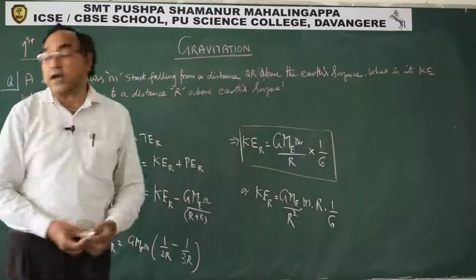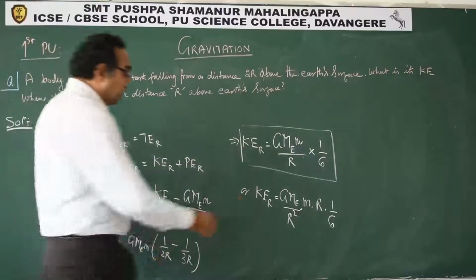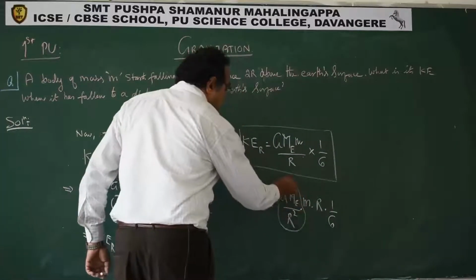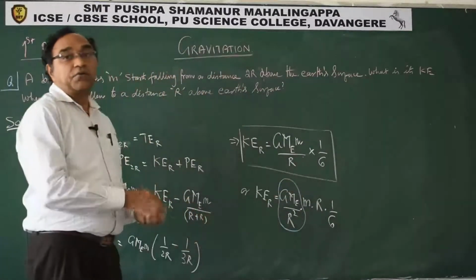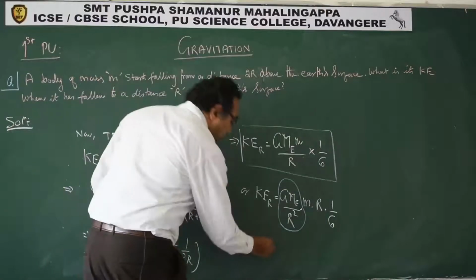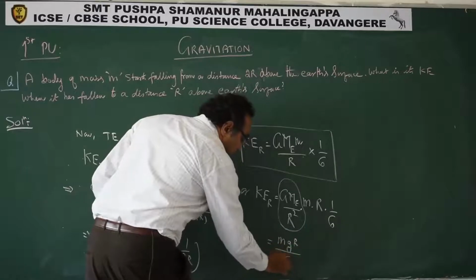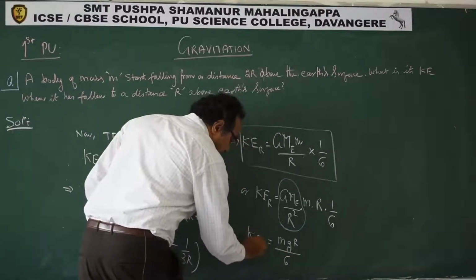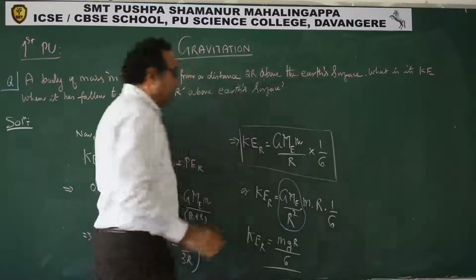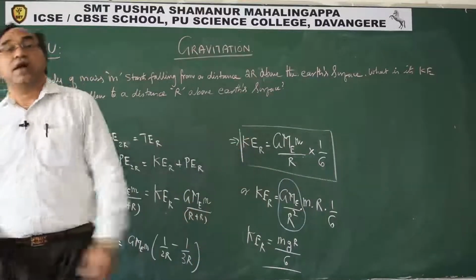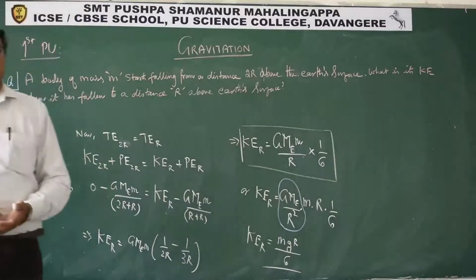Now this expression GM by r square is acceleration due to gravity. So I can write this as mgr by 6. We can write the same thing this way; it is the same as this. See students, that is how they are interconvertible.